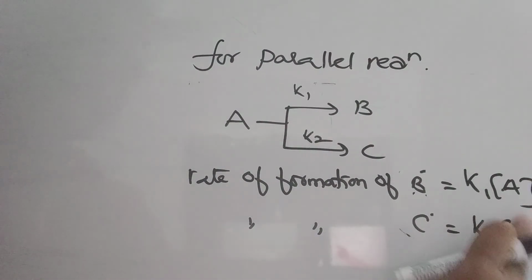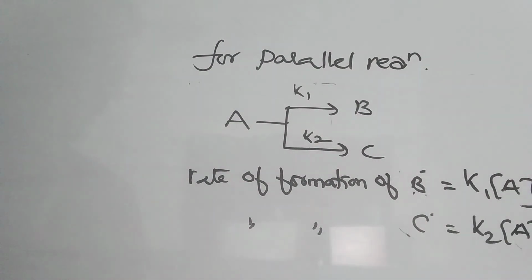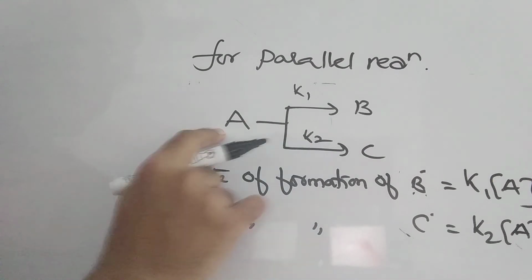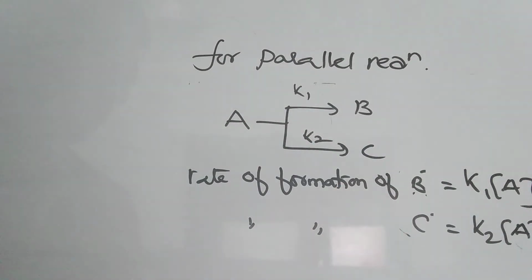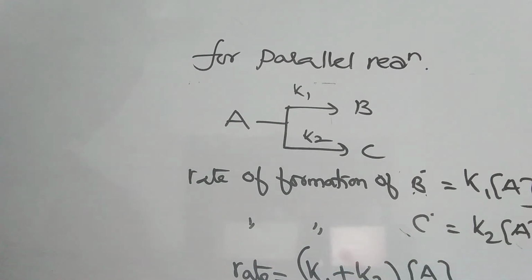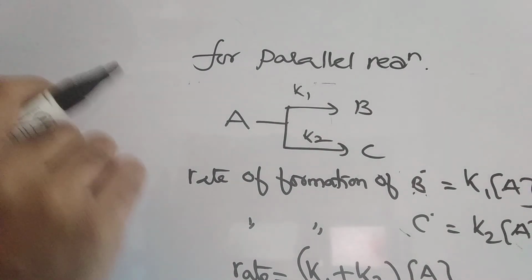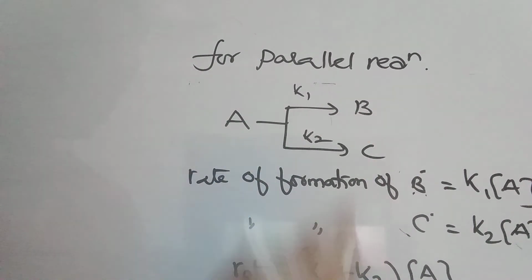So, rate of formation of C is equal to K2 into [A]. Rate of formation of B is equal to K1 into [A]. Now, overall rate is equal to (K1 plus K2) with the concentration of A. And one very special thing is, they will be asking you what percentage of B and C are formed.